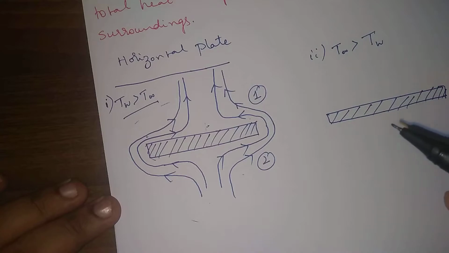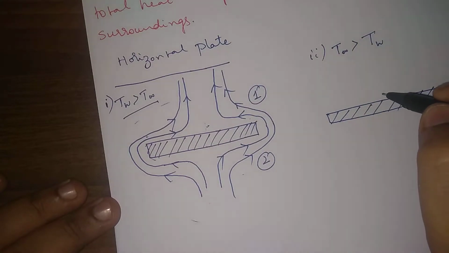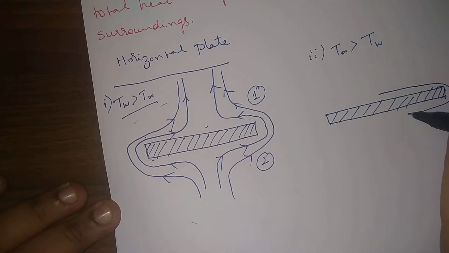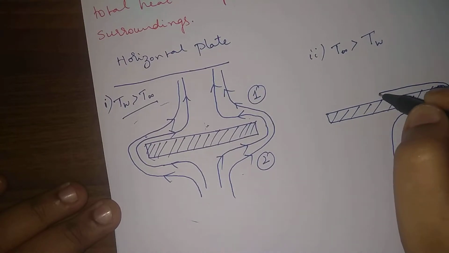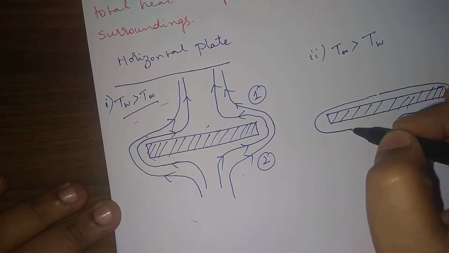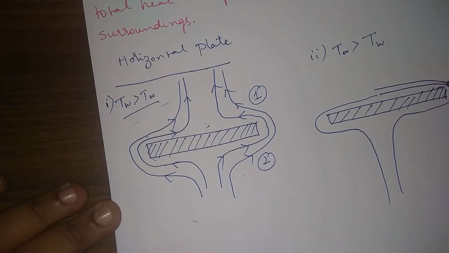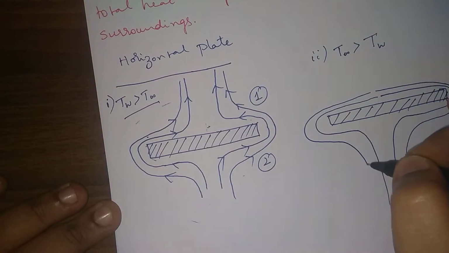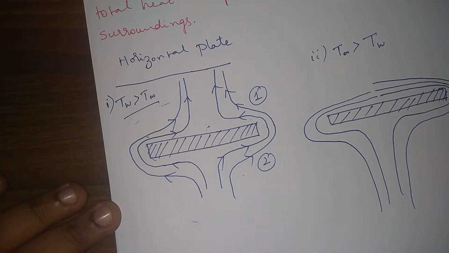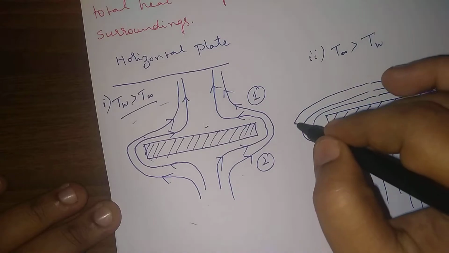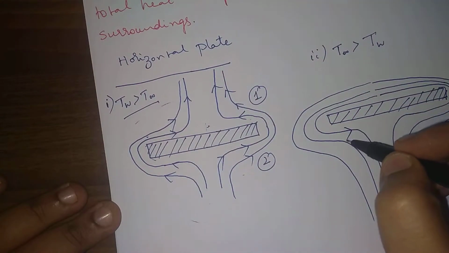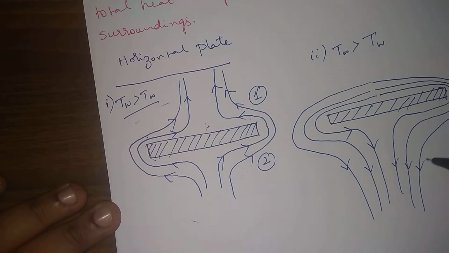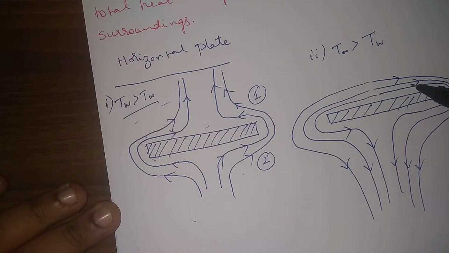So the flows can be considered as something like this. You can see the contours are going to be moving in this particular fashion.